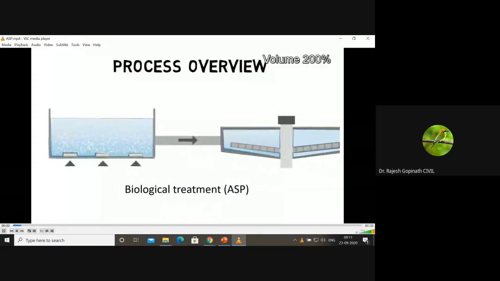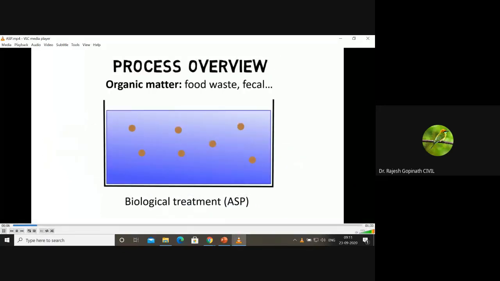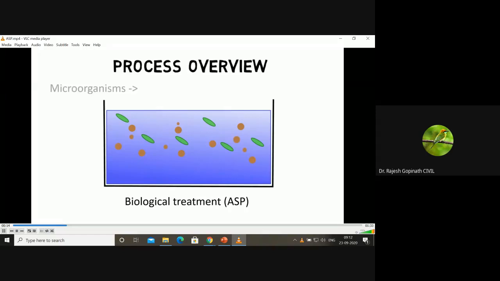Wastewater entering the aeration basin still contains organic matter such as food waste and fecal. You need to understand from this image that these impurities are suspended. They're not settlable solids. They are suspended solids or dissolved solids. Microorganisms in the raw water influent will colonize in the aeration tank and metabolize organic waste to ATP for further cell growth, as well as CO2 and water.